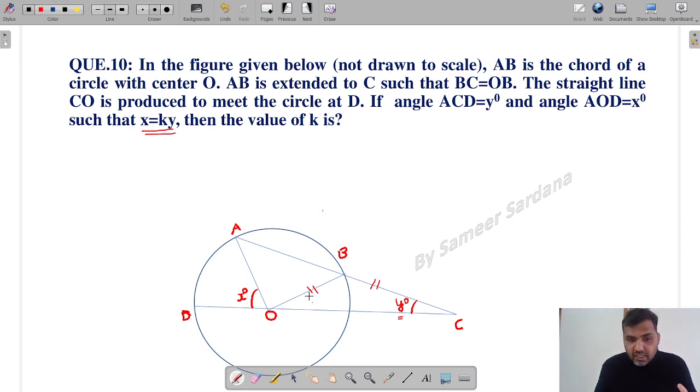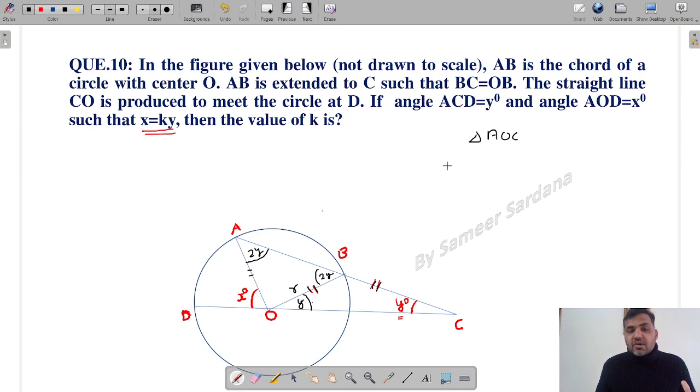So guys, if these two sides are the same, can I say this angle will be Y? This is the exterior angle, so can I say this will be 2Y. Now this is the radius, this is also the radius, so this will also be equal to 2Y. Now look at the triangle AOC.